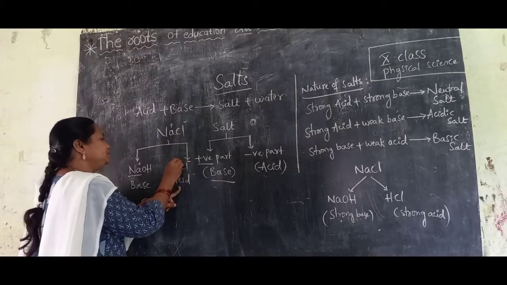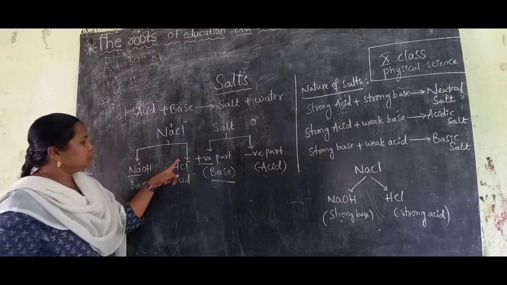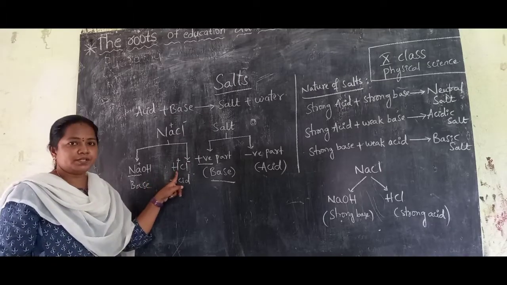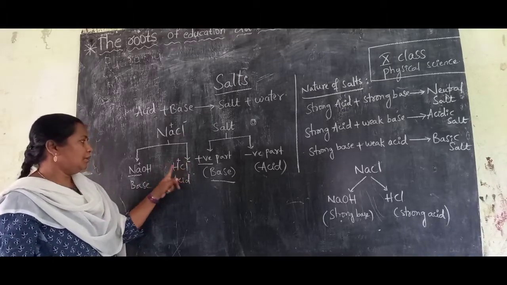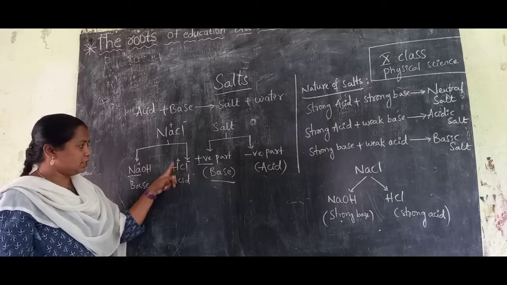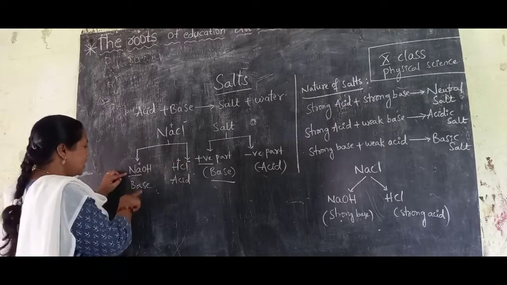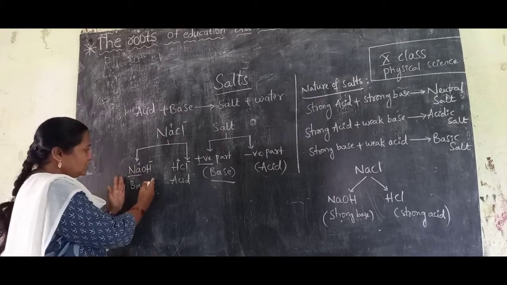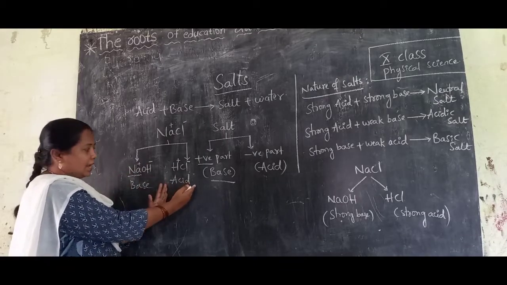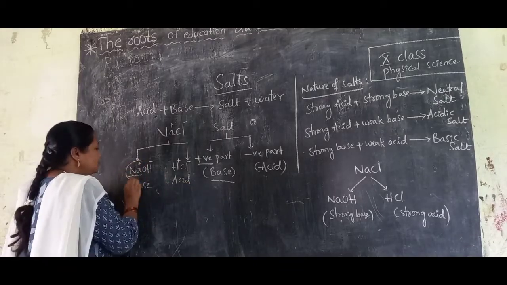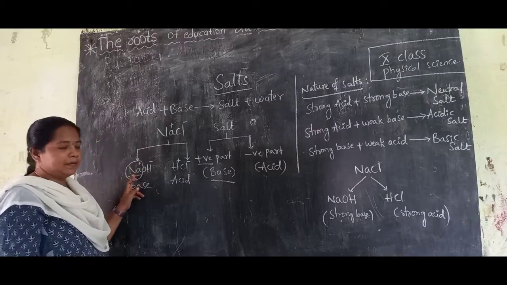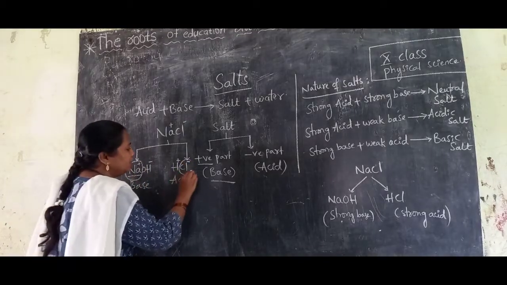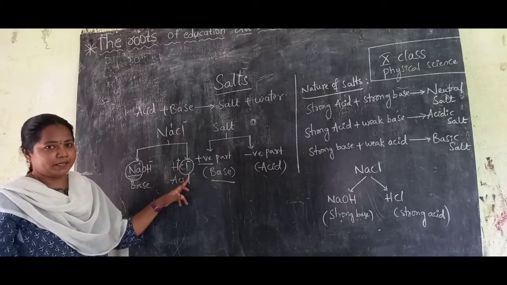If we write the dissociation symbols, positive and negative, we can show it like this: H plus and Cl minus for the acid, and Na plus and OH minus for the base. When NaOH reacts with hydrochloric acid, the positive part of the base, Na plus, combines with the negative part of the acid, Cl minus.